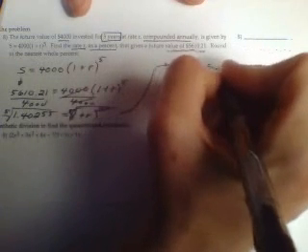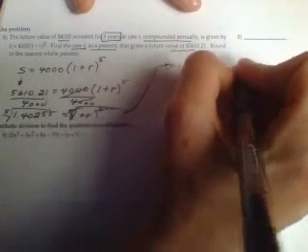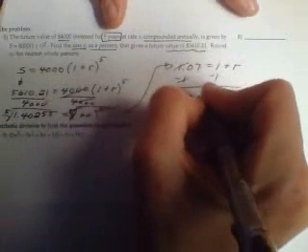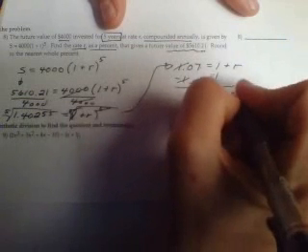So I'm getting 1.07. So I have approximately 1.07 equals 1 plus R.